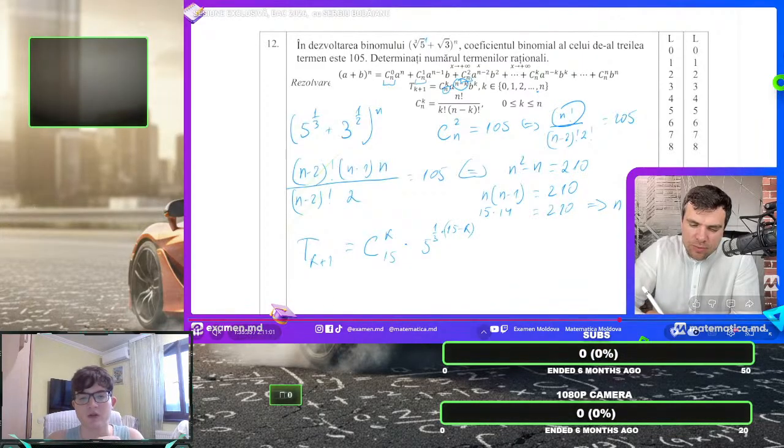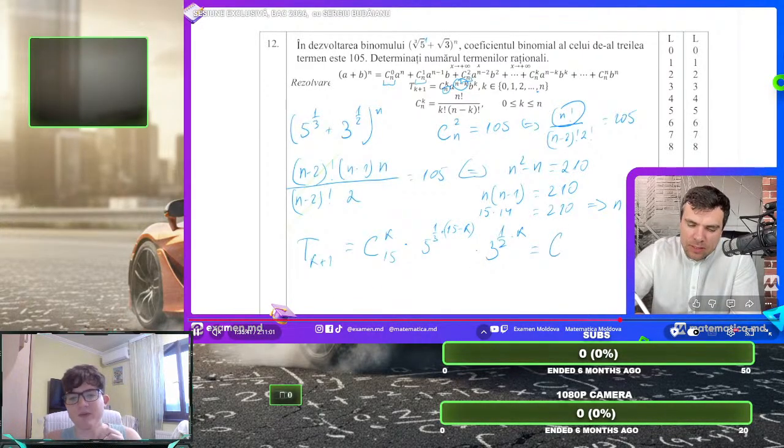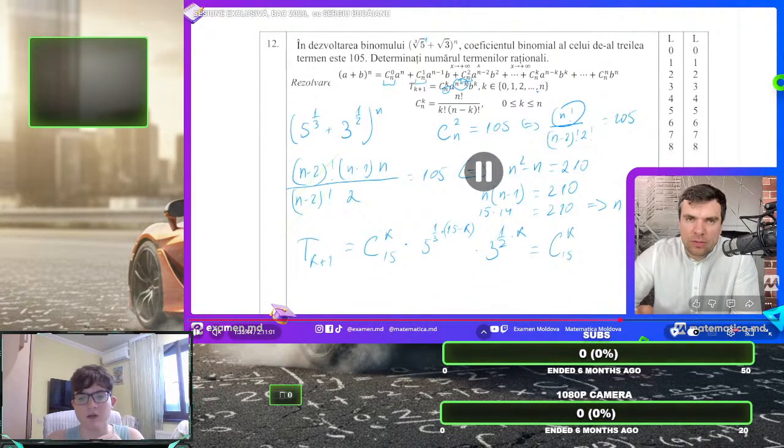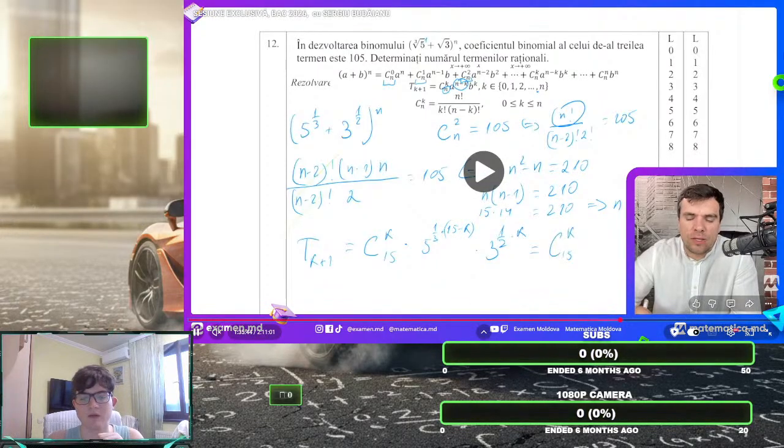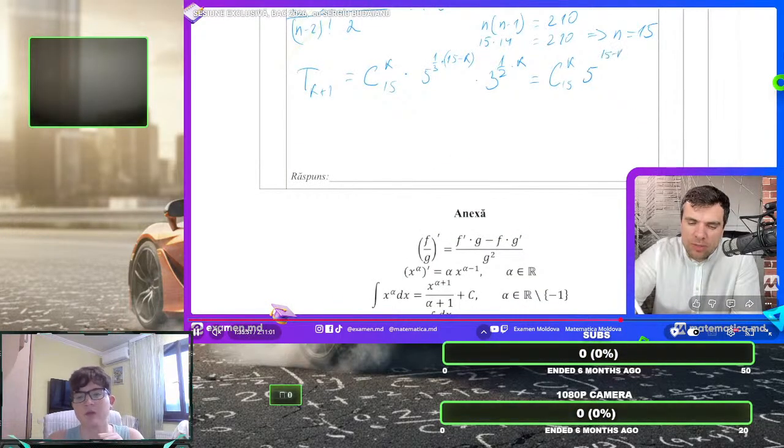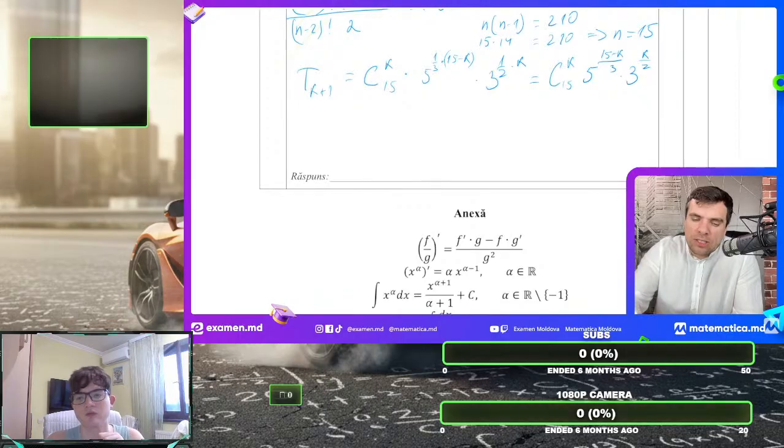So we can just multiply them like that. So it's going to be 15 minus k divided by 3, and k right there, so 3 times that. So we got C15k right there. Okay, so now 5 to the power of 15 minus k divided by 3 right there, and times 3 to the power of k divided by 2. Boom.